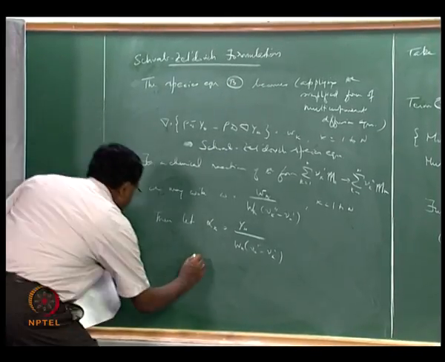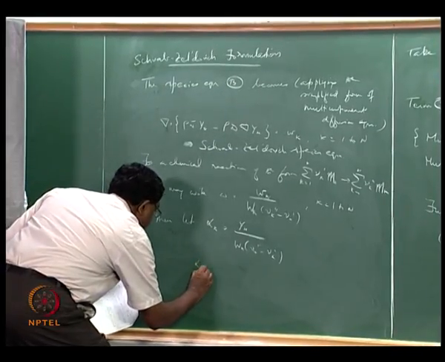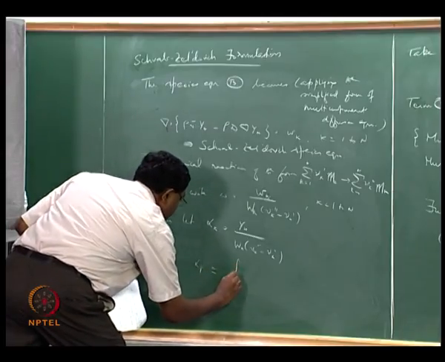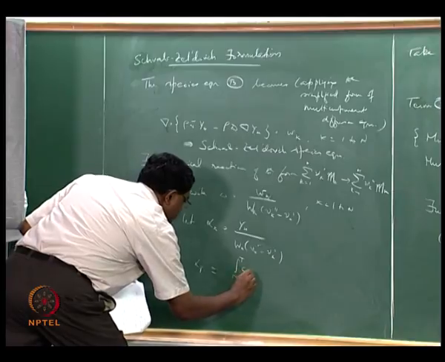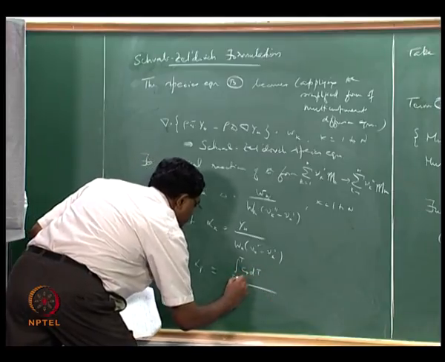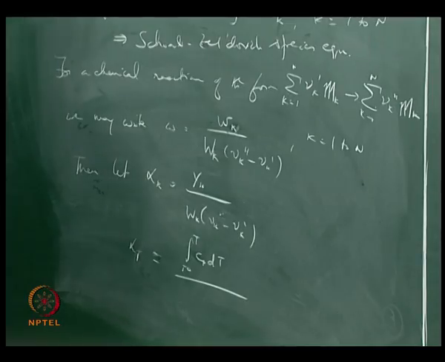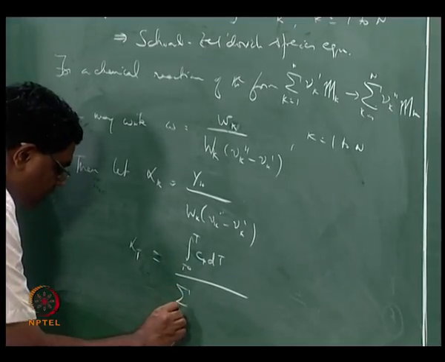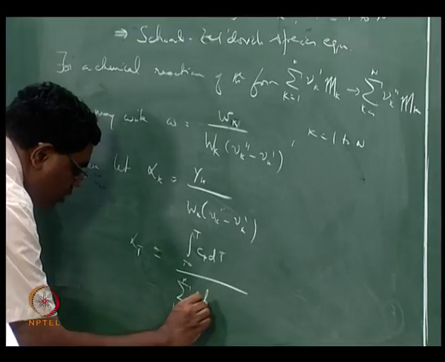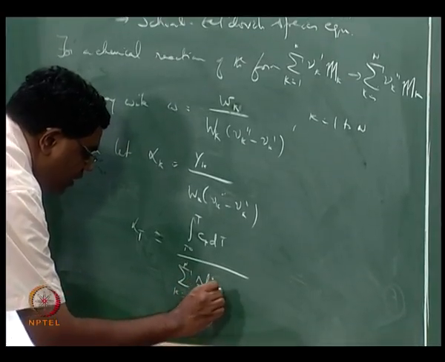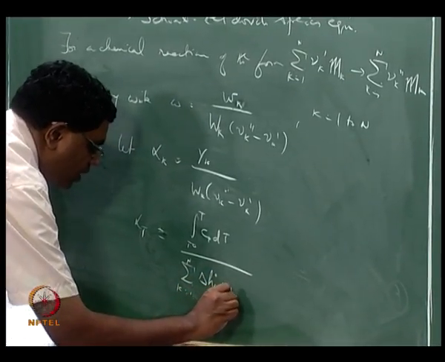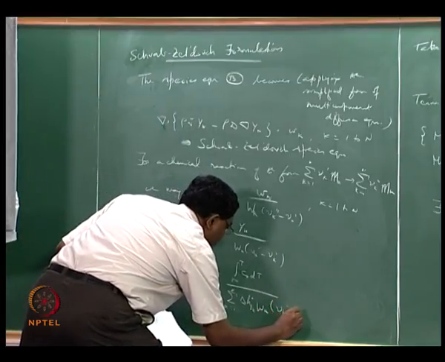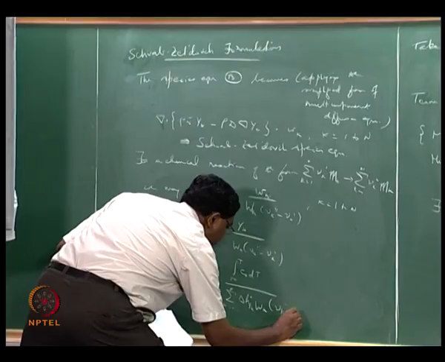So alpha t is, originally we thought our candidate was integral t naught to t Cp dt, but now it is actually divided by sigma k equals 1 to n delta hf naught k capital WK times nu k double prime minus nu k single prime.